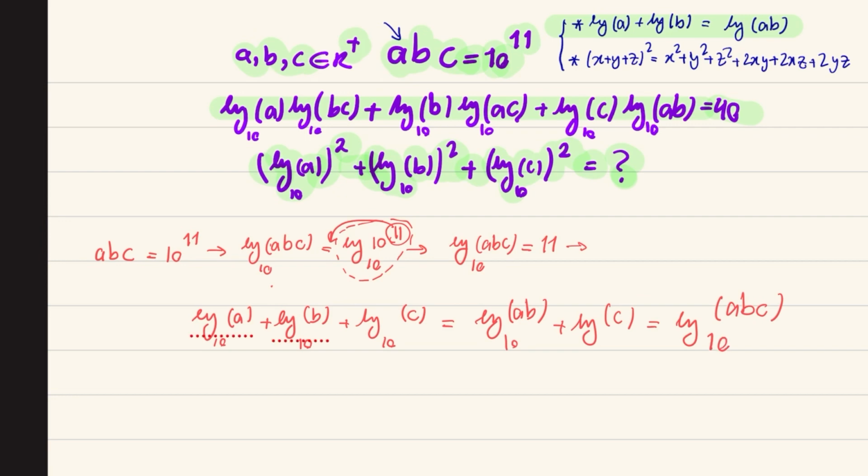So this is the left hand side of this expression, and this is the right hand side. So this is one piece of information that we have about this problem.